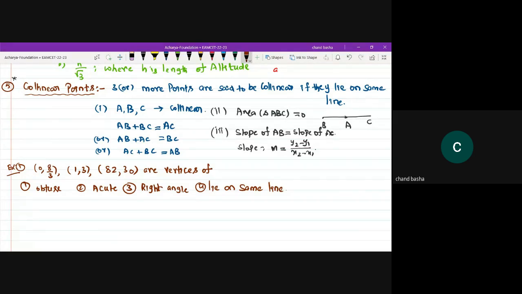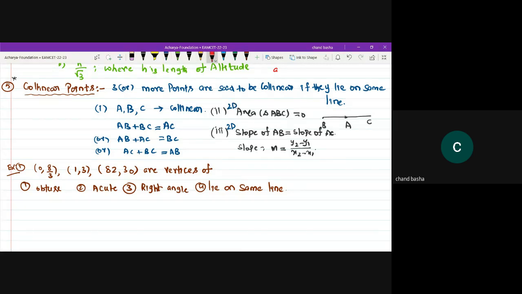Whenever we have the condition for collinearity, I try to go for collinearity first, because it is very simple, making use of the slope concept. If it is in 2D geometry, this will be useful for us, not in 3D geometry.